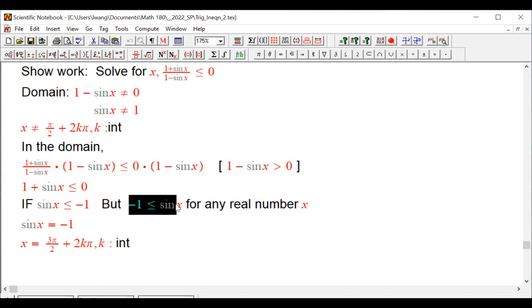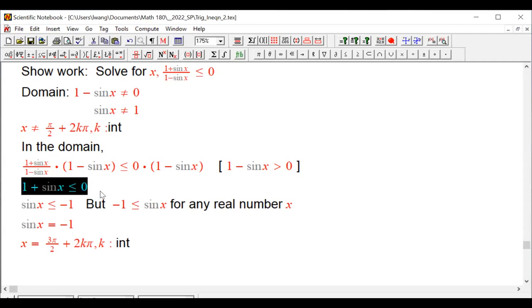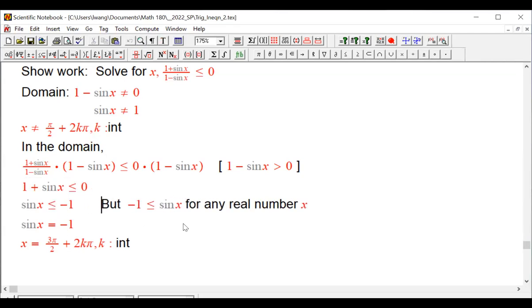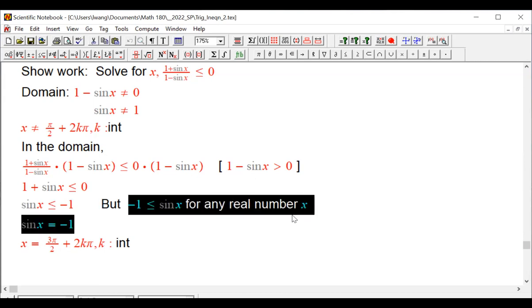Therefore, we can only have this. If this is true, then this is true, but sine x is greater than or equal to -1 all the time.